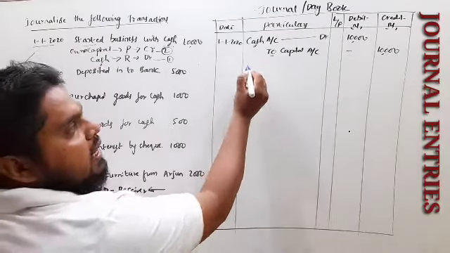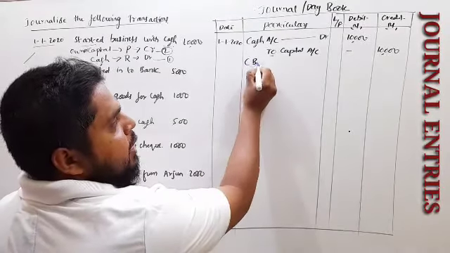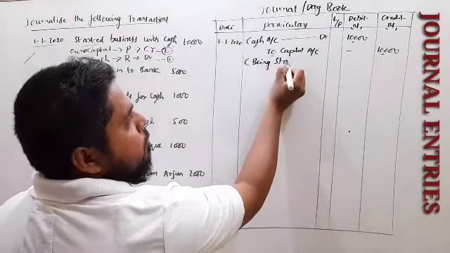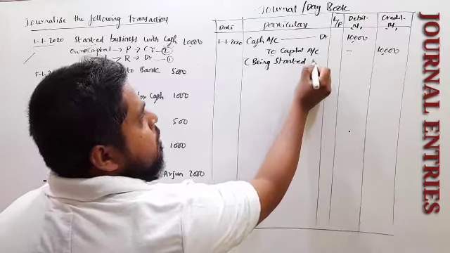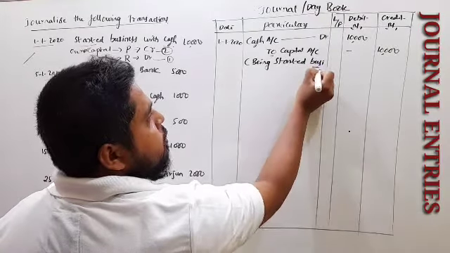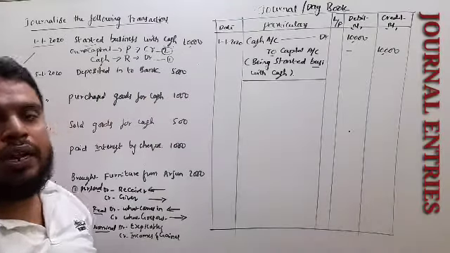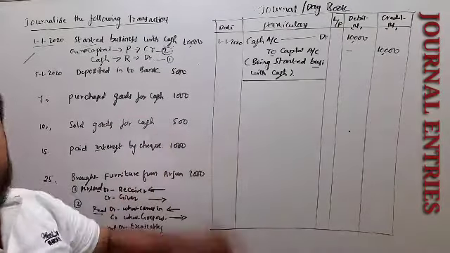Narration we have to write under the bracket: being started business with cash. Close the bracket, put one line or leave one line. So this is the first entry.